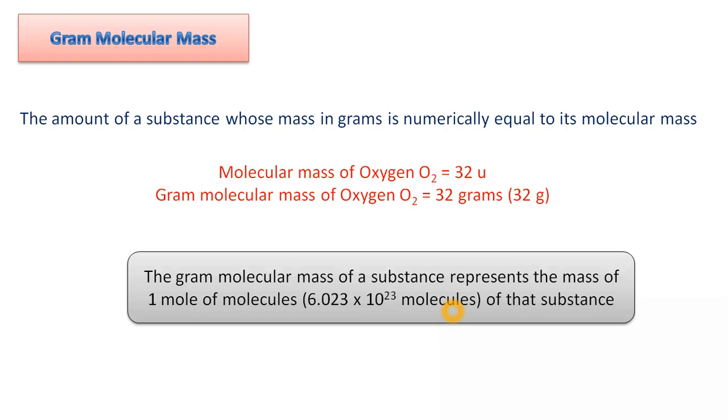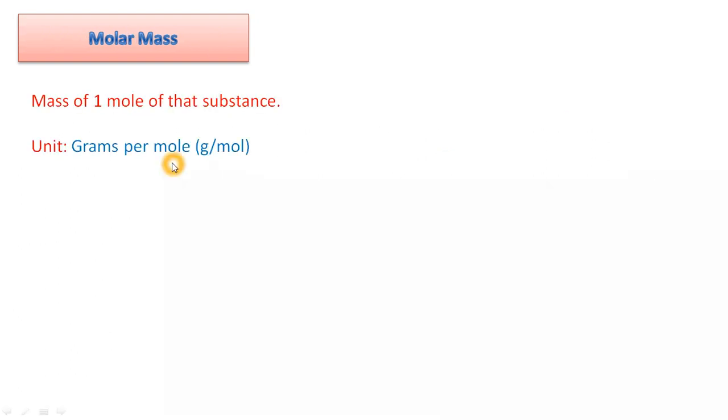So again here we are discussing the term molar mass. The molar mass of a substance is the mass of 1 mole of its molecules. So again the units are gram per mole, that means g per mol.